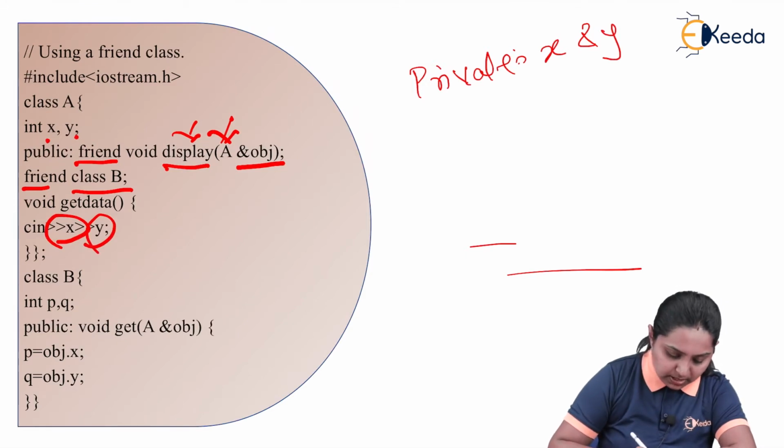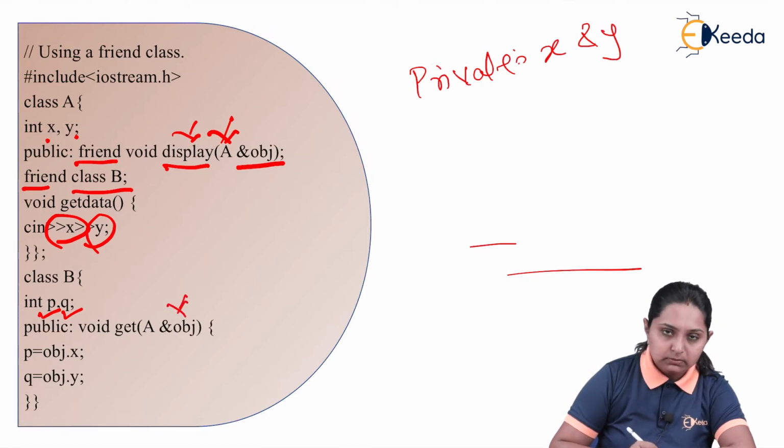Inside class B, we are creating two variables, P and Q. These two variables can be private. Now, we are creating one function, get, which takes A as an object.